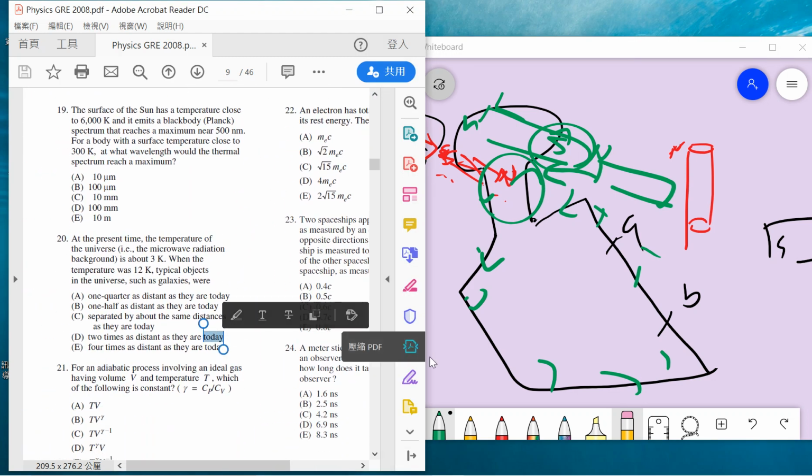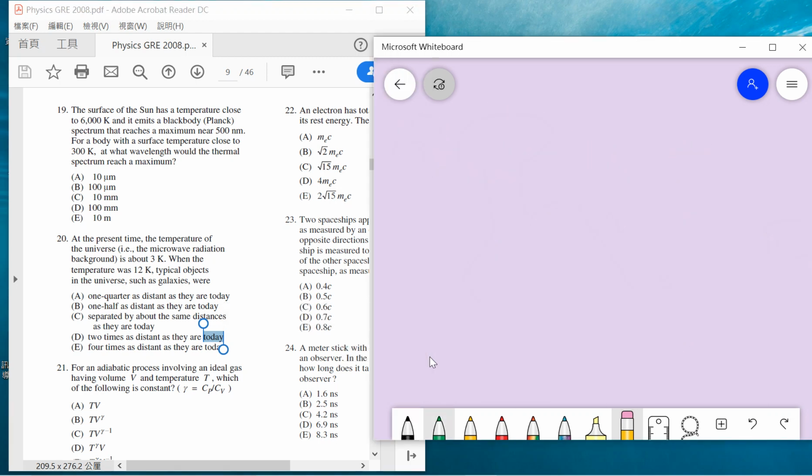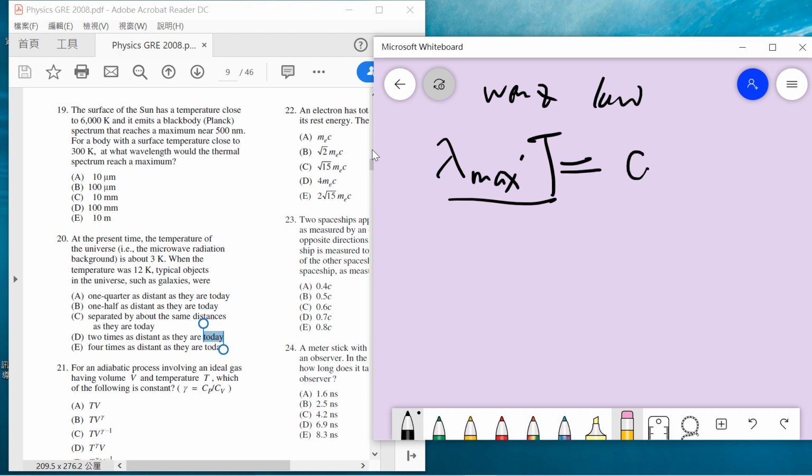Okay, so 19 says the surface of the sun has a temperature close to 6,000 Kelvin, and it emits black body radiation with a maximum near 500 nanometers, and another object is at 300 K. Remember that this is Wien's law: lambda max times T is constant.